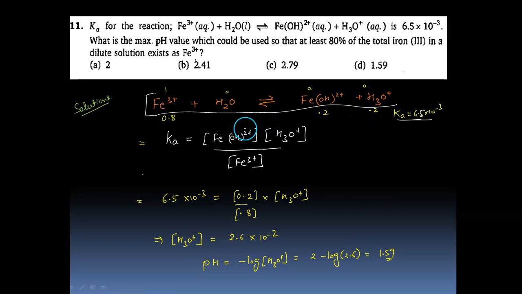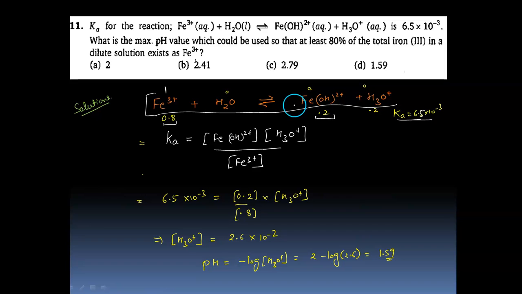We have to find the maximum pH value which can be used so that at least 80% of total iron in dilute solution exists as Fe3+. Now understand over here, if we started with 1 mole of Fe3+, then 0.8 would remain as Fe3+, only 0.2 would get hydrolyzed.